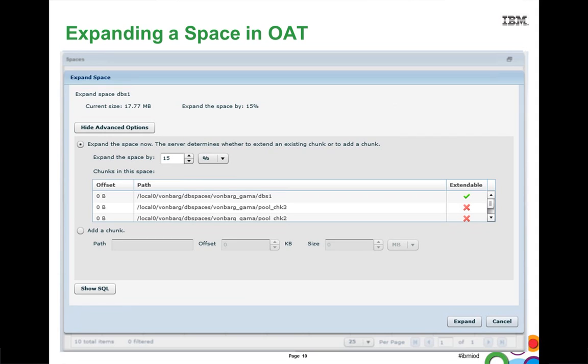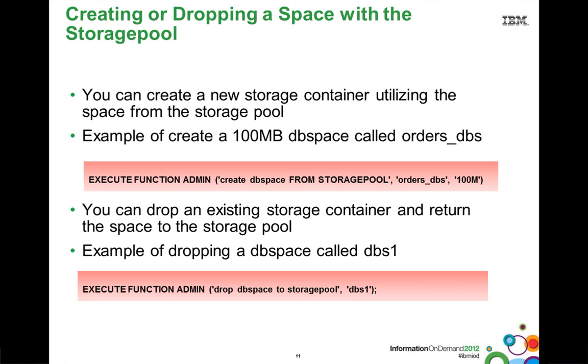Another thing that's really nice is when you go to create new DB spaces or to drop DB spaces or smart blob spaces or any of the storage container types, you can create new DB spaces from space allocated from the storage pool.